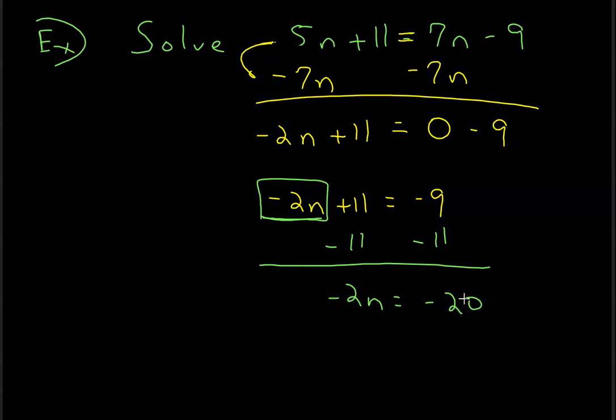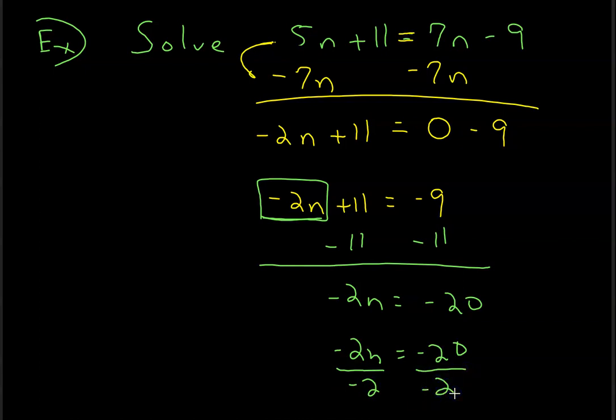So now the n is almost alone. The only thing is, it has a 2 in front of it as its coefficient, and I want it to go away. So I'm going to take this equation, negative 2n equals negative 20, and divide both sides by the coefficient, negative 2.